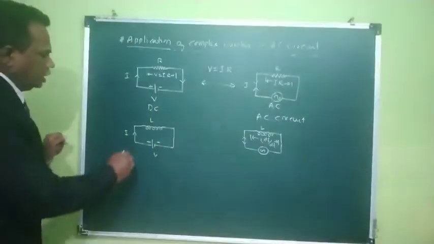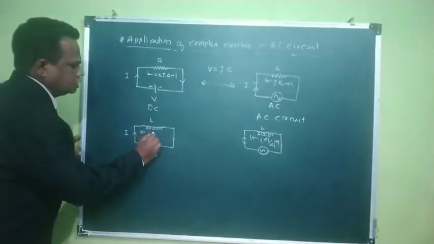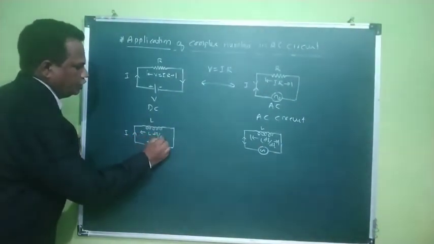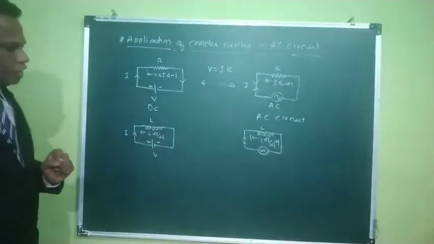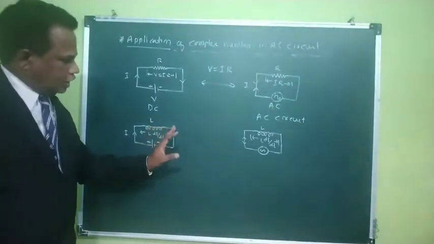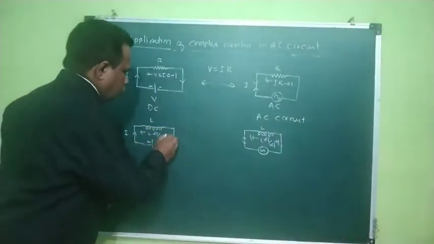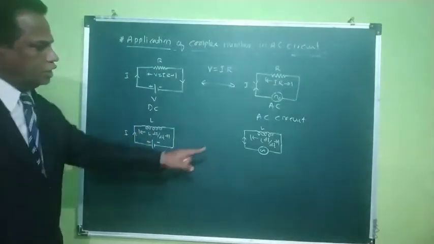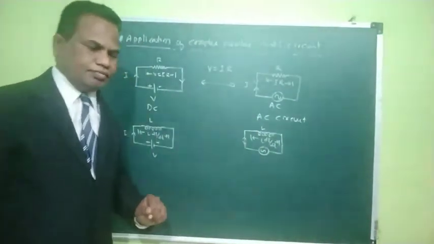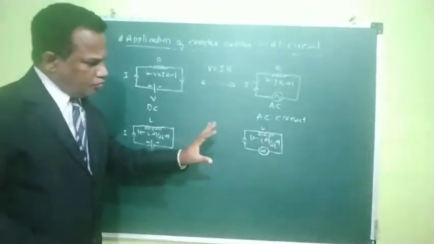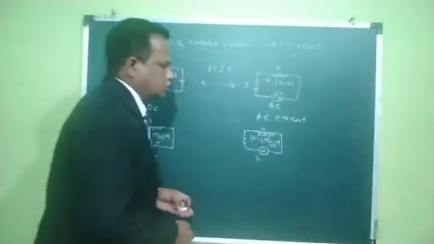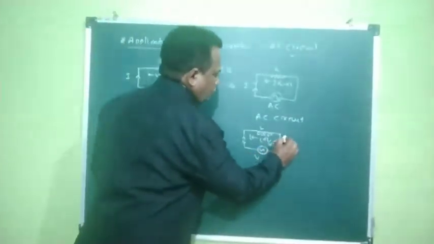Or you may say here also that the voltage across the inductance is L di by dt. If you are going to study, this is the voltage across this inductance, and the voltage across this inductance is L di by dt. When you compare the voltages and then solve, you can solve the problem for I.